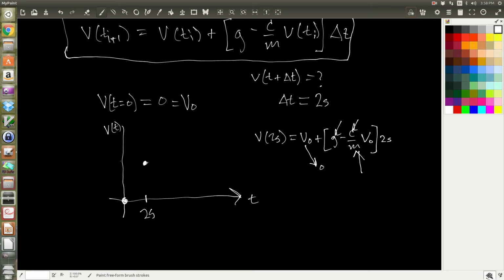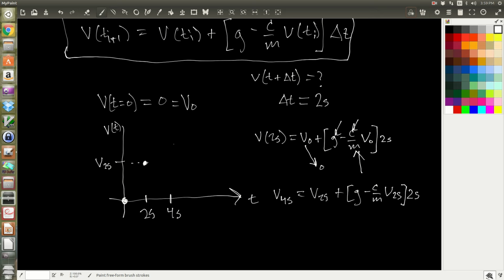Well, this is now v at 2 seconds. Now what if I wanted to continue and get an approximation for v at 4 seconds? I can just use this equation up here and plug it in. So v at 4 seconds is going to equal v at 2 seconds plus g minus c over m times v at 2 seconds, times delta t, which is 2 seconds.